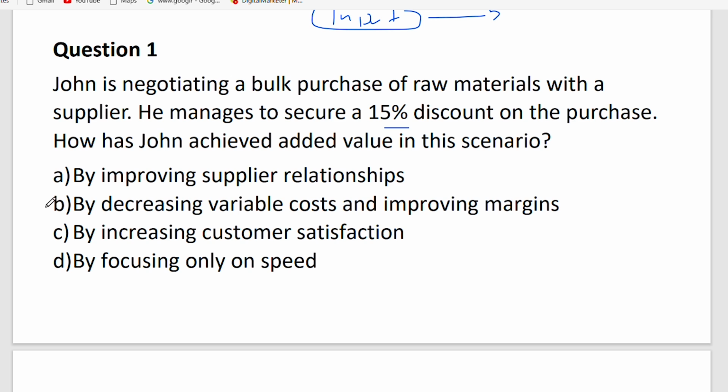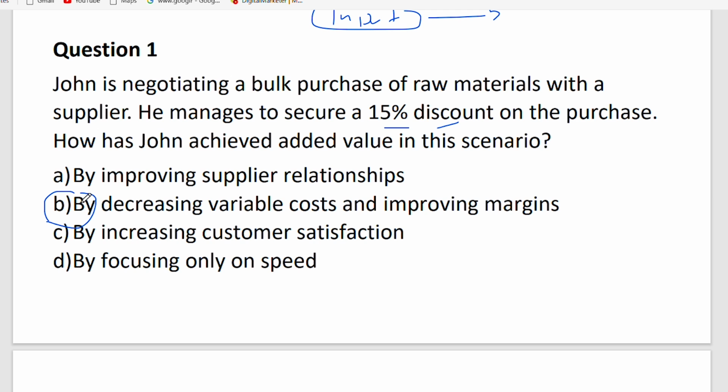By increasing customer satisfaction? You are the customer, so did you just increase your own satisfaction? That's the supplier's job. By focusing on speed? Well, this question is about discount, it's not about speed.